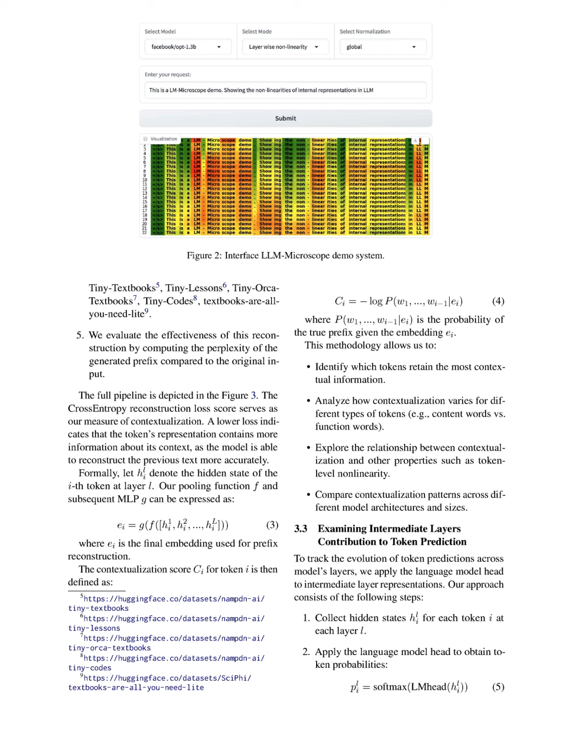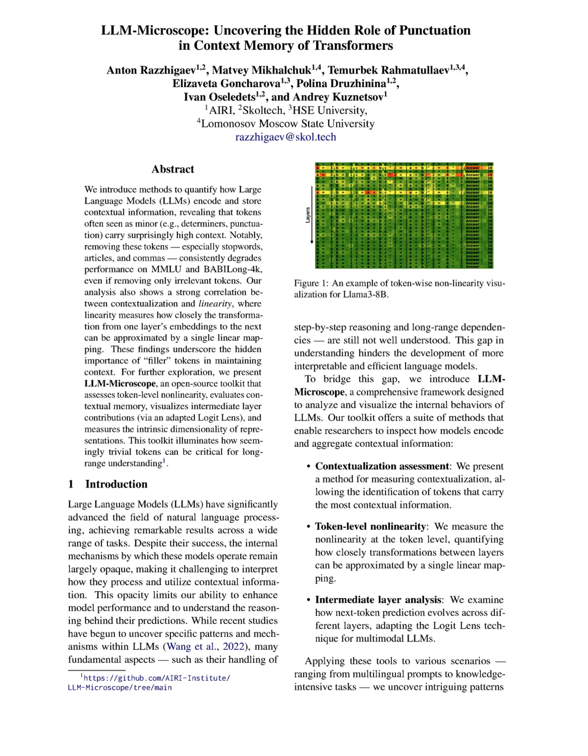The effectiveness of this reconstruction is evaluated using cross-entropy loss, where a lower loss indicates a higher degree of contextual information retained by the token. This process allows LLM-Microscope to identify which tokens are most effective at preserving context and how their nonlinearity varies across layers, showcasing the framework's ability to provide insights into the internal workings of LLMs.